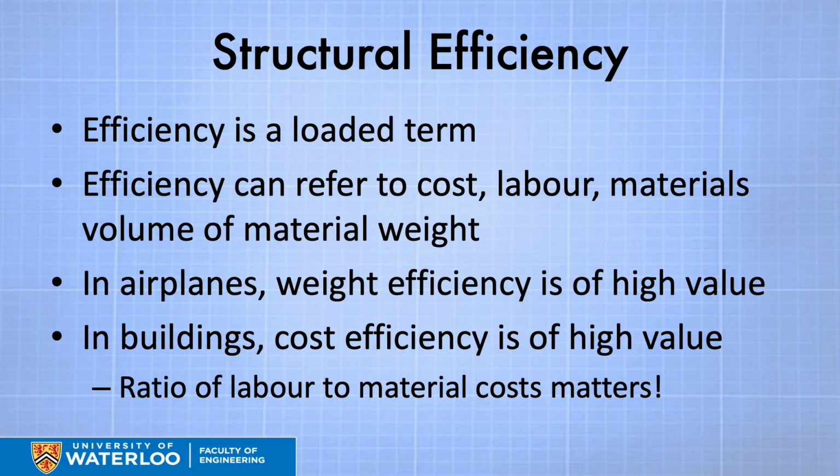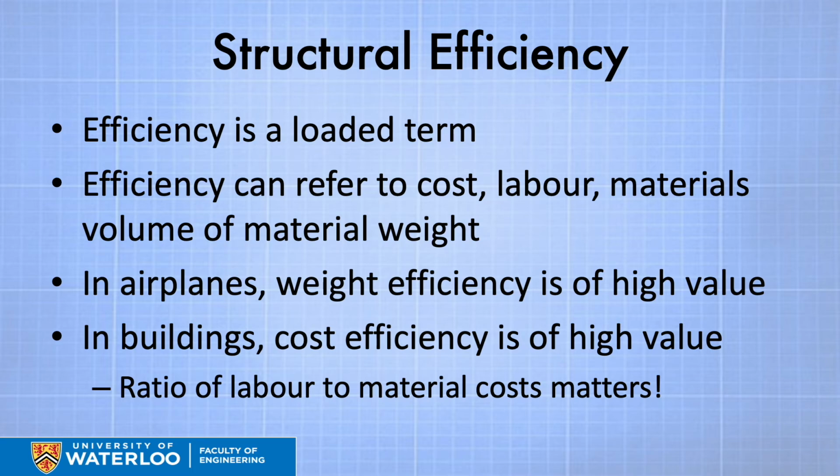Now, one of the reasons we use trusses rather than I-beams, and we use I-beams rather than solid square beams, is for something called efficiency. And I think it's important to talk about efficiency here in that it's a very loaded term, and in most cases it is actually not a desirable trait or not a high priority trait, and it's not even a well-defined trait.